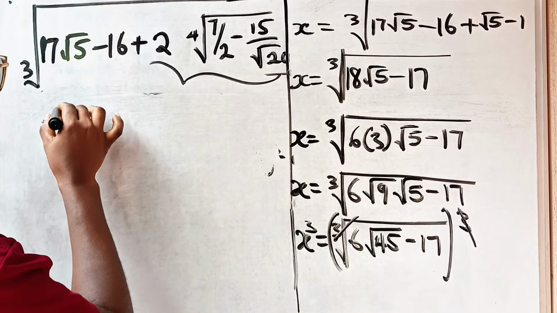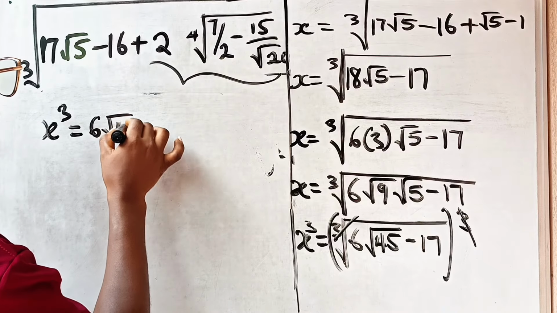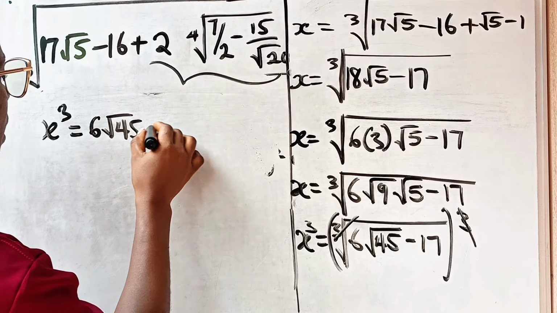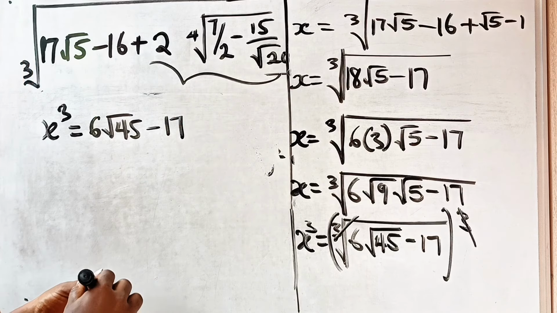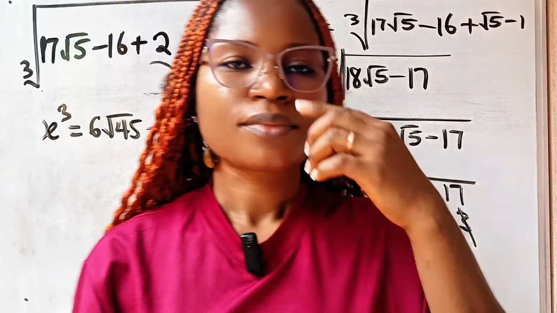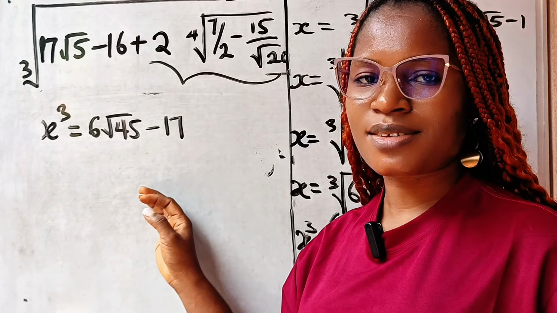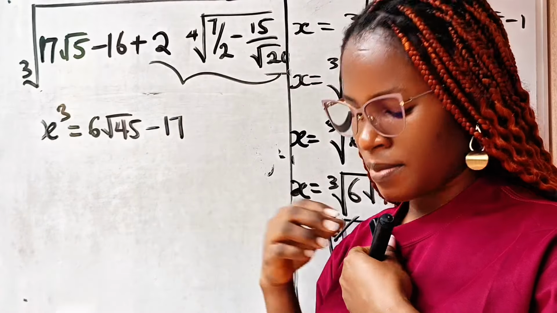So now we have x cubed is equal to 6 root 45 minus 17. At this point, let's multiply both sides by 8, because I'm trying to simplify this.